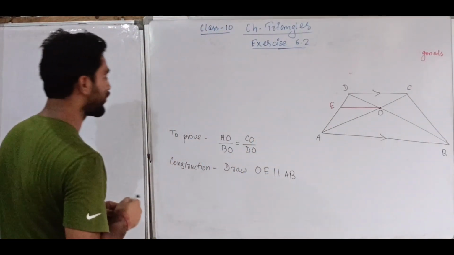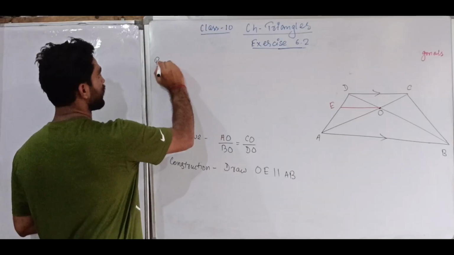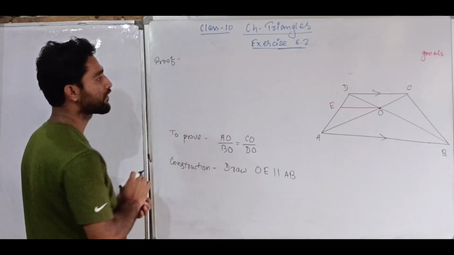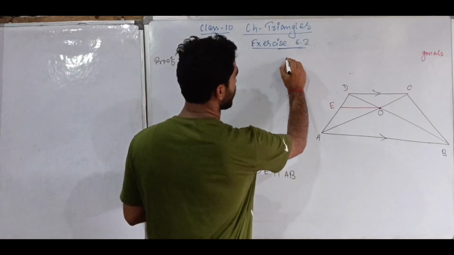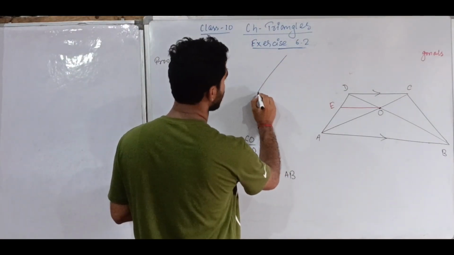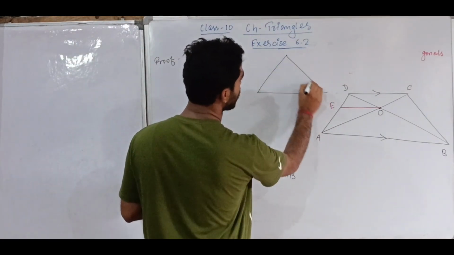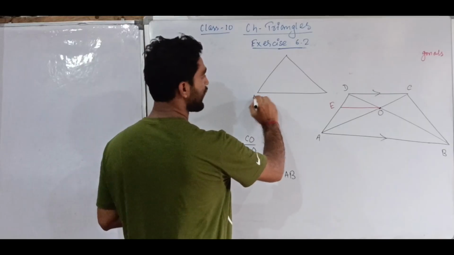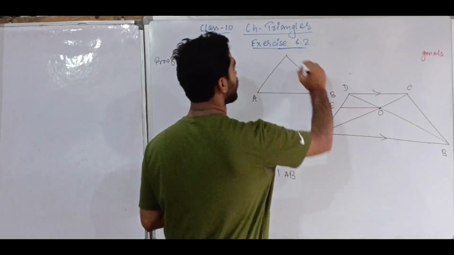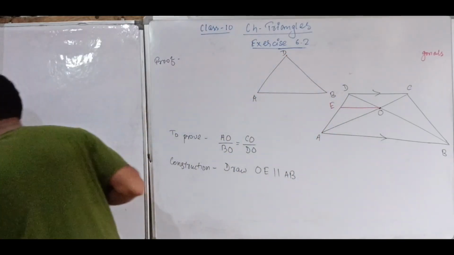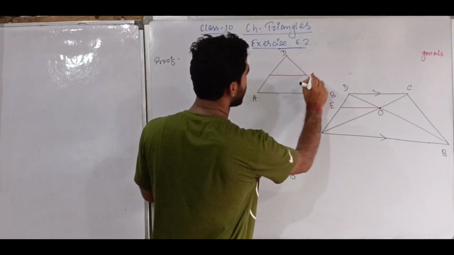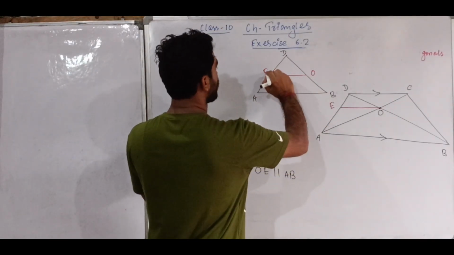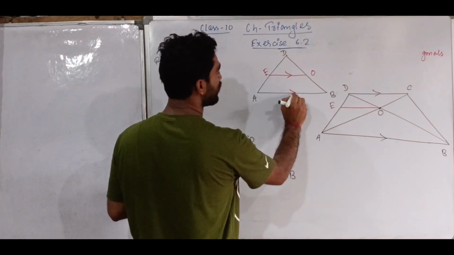Okay, see how can we prove? Here I can see one triangle, that is the triangle ABD. And in this triangle, from the construction we know this OE is parallel to AB.